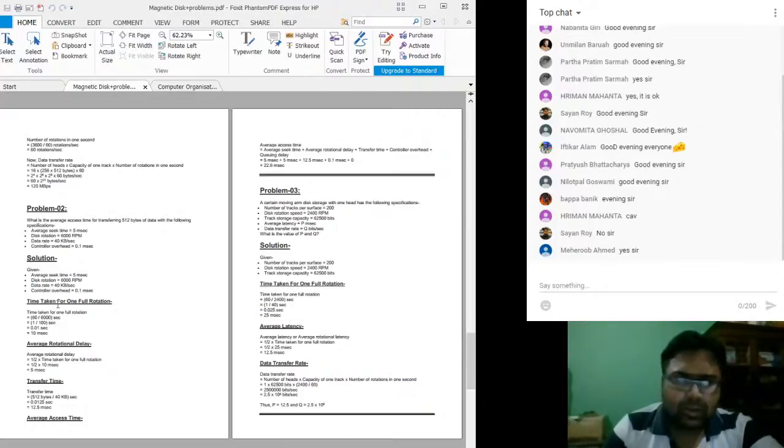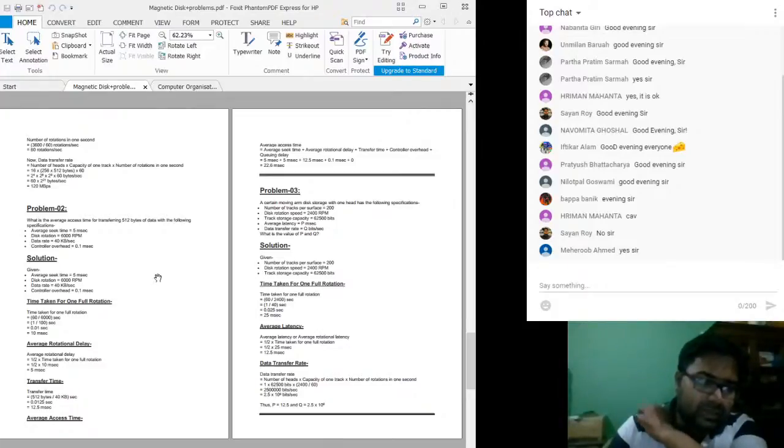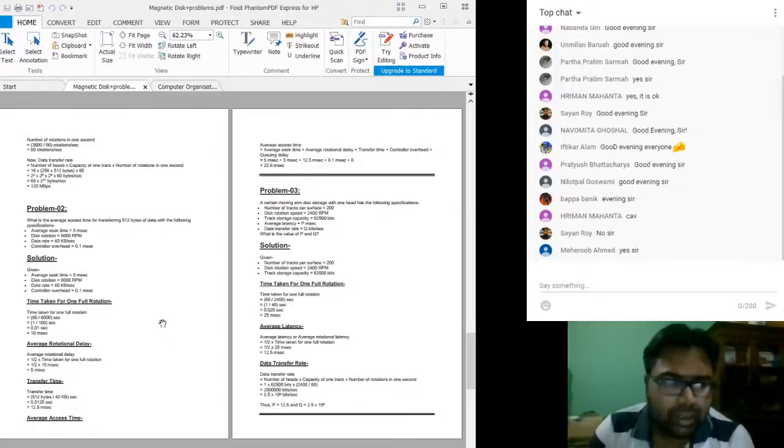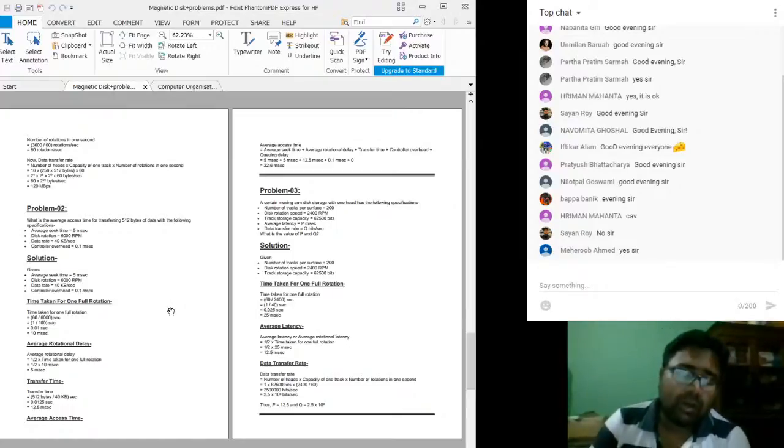So it is 10 millisecond; you just divide 60 by 6000. Why? Because this is given in rpm, so you are basically converting the rotations into how many rotations can be made in a second.